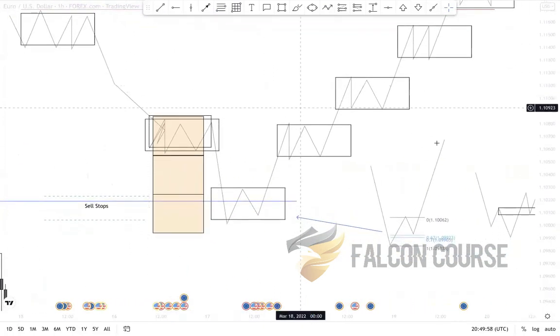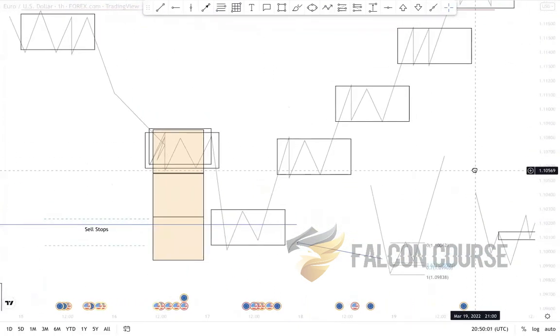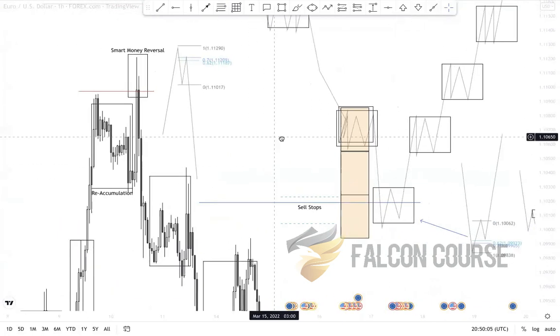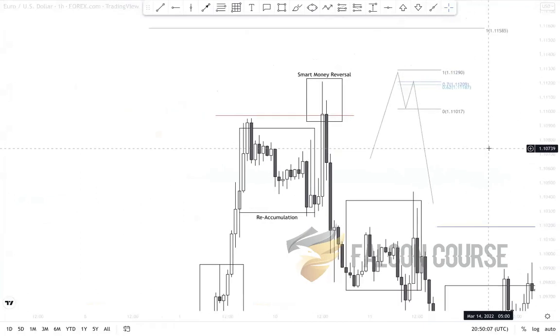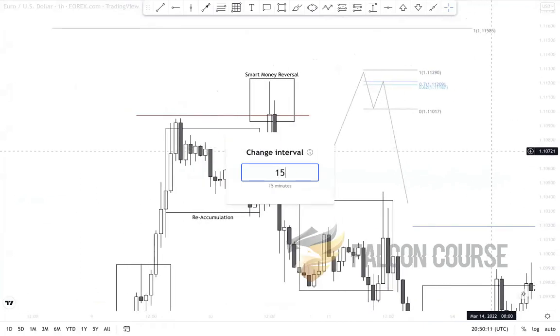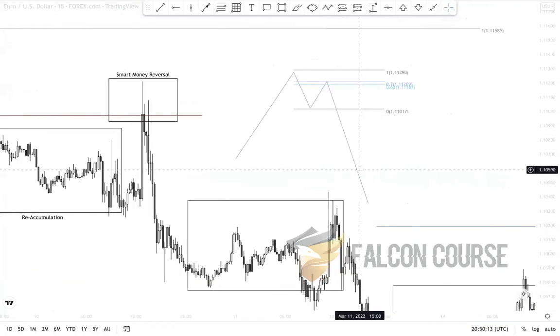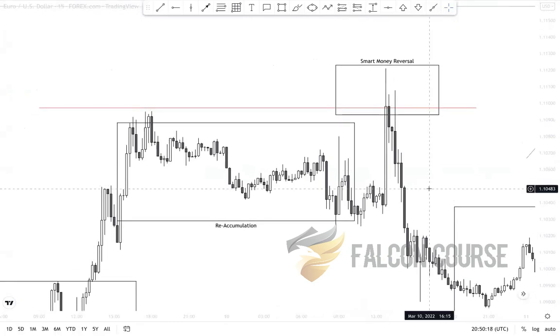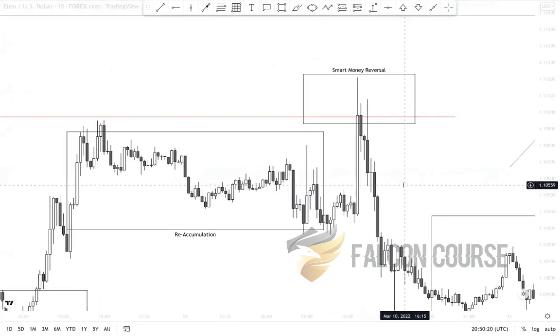And if that wouldn't be offered, then you would see either the second one with the breaker. So here, let's zoom in on the 15-minute. Let's see what happened here.